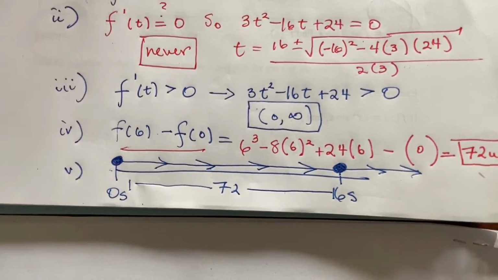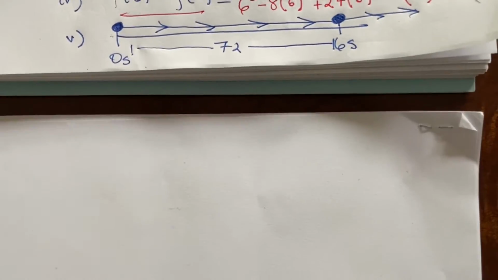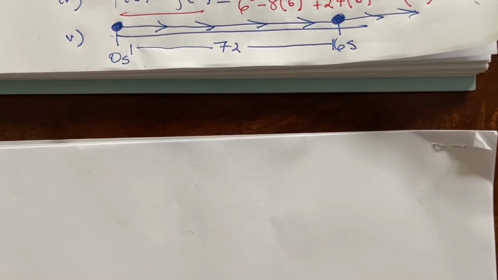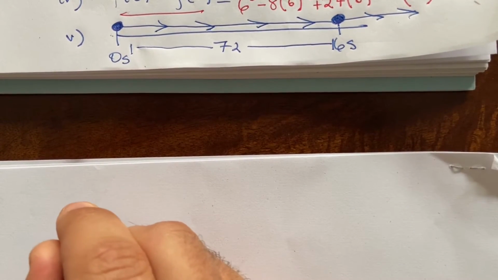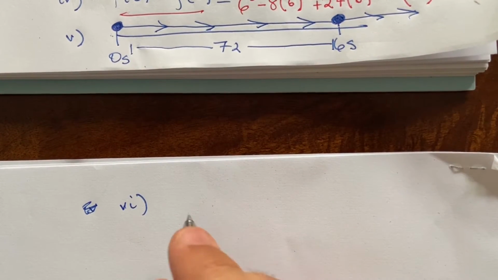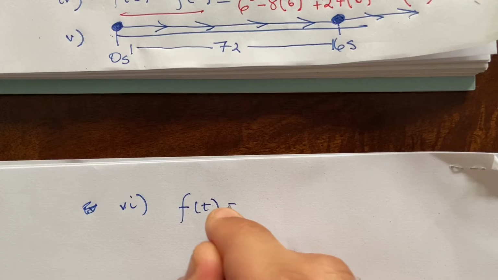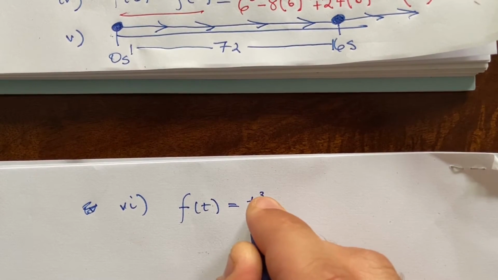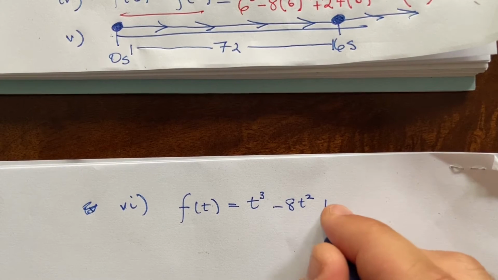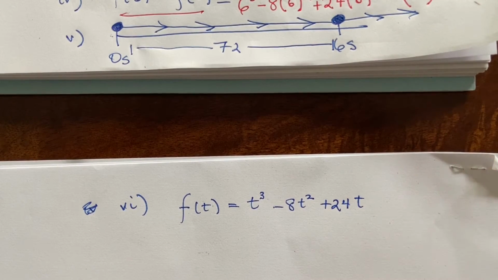Sorry about that. So the acceleration would just be the second derivative of the position function. Right, so we had, oops, it's part 6. We had a position function of f of t equals t cubed minus 8t squared plus 24t.